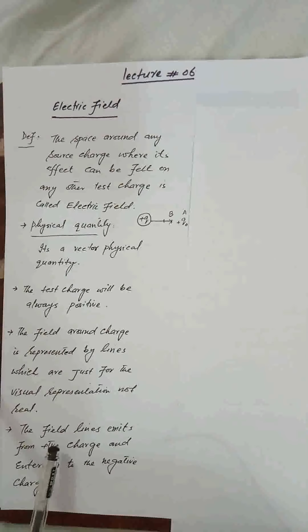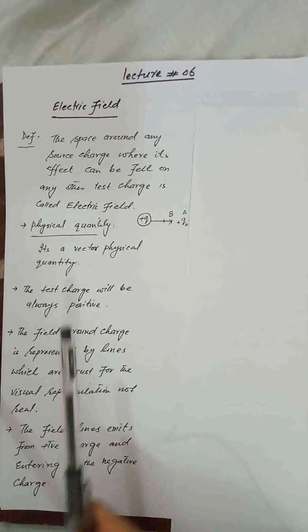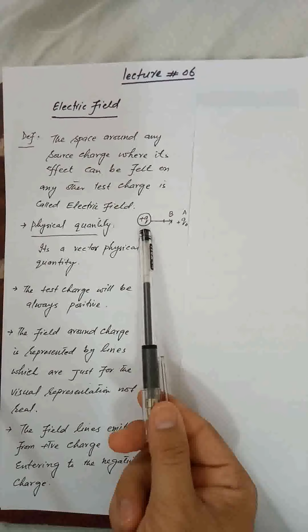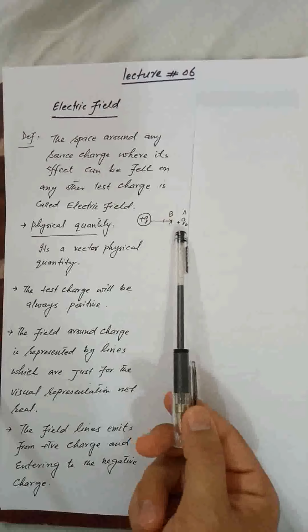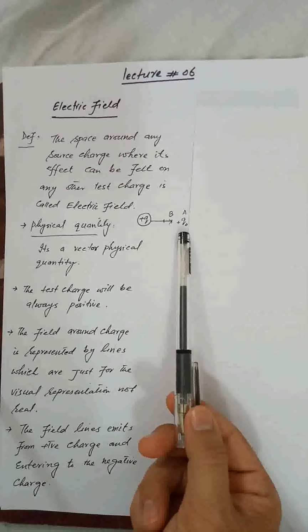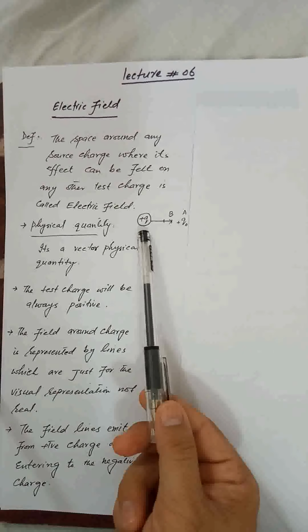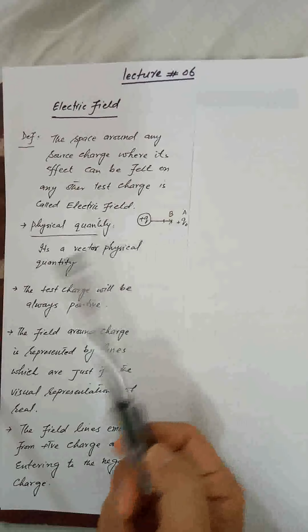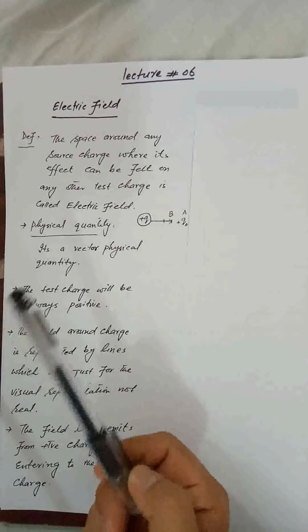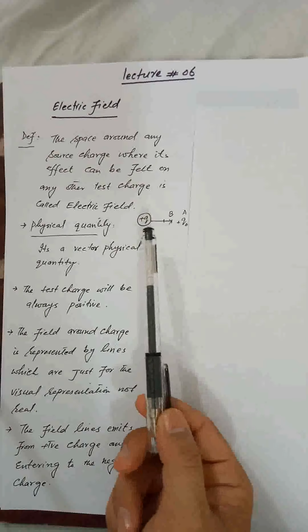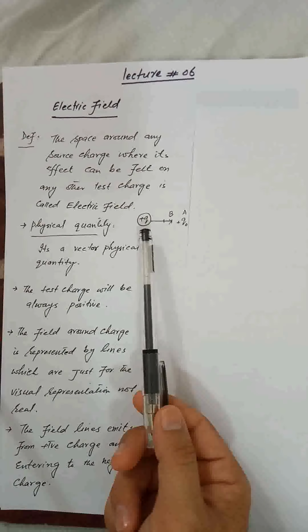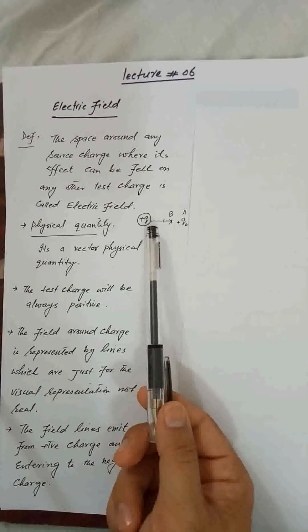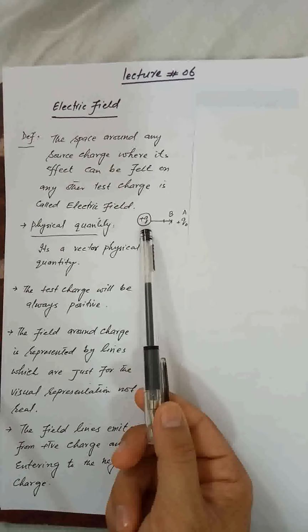The second one: the field lines always emerge from the positive charge and enter the negative charge, emerging from positive and terminating on the negative charge. Now these field lines which are emitted from a positive source charge are entering the negative charge.